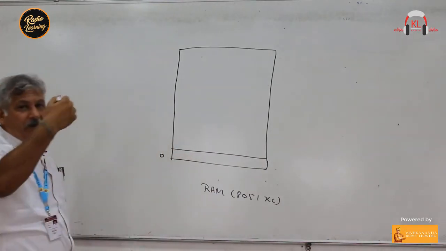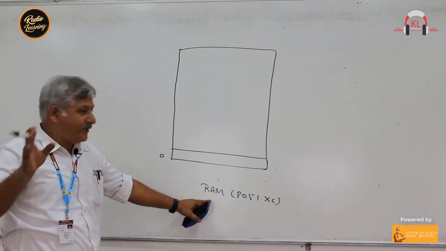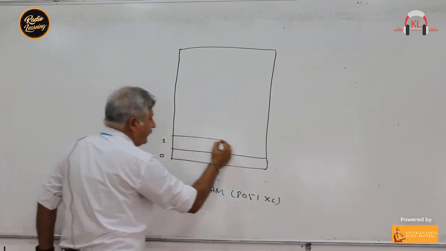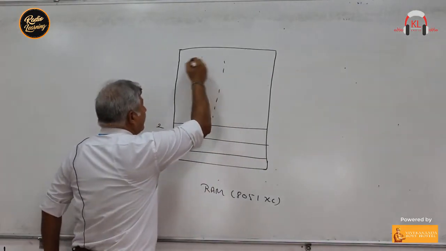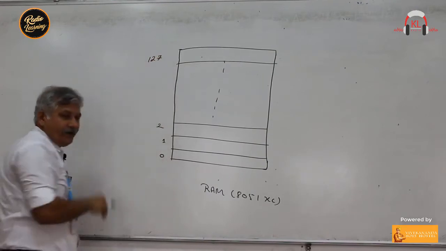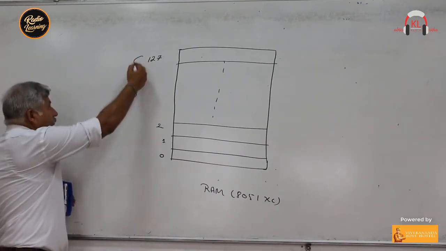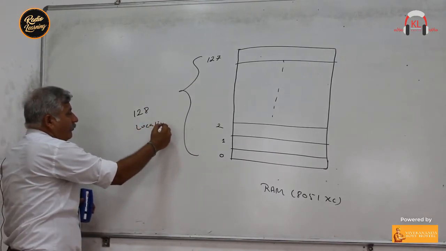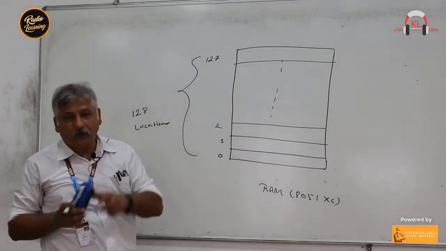All the 128 locations of this RAM have some definite distinct address. Suppose this is location number 0, this is location number 1, this is location number 2, like this. In the last, it is location number 127. So we start from 0, and the last is 127. In total there are 128 locations, and at each location we can store only 8 bits.